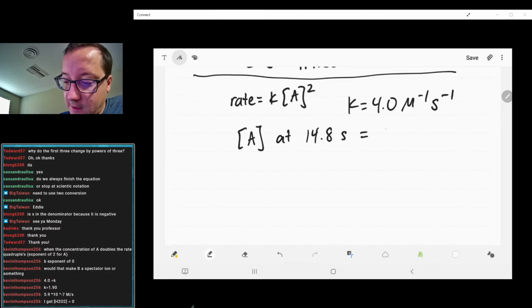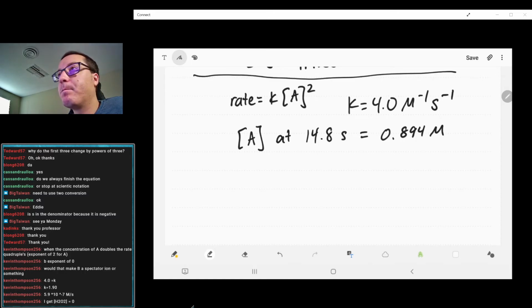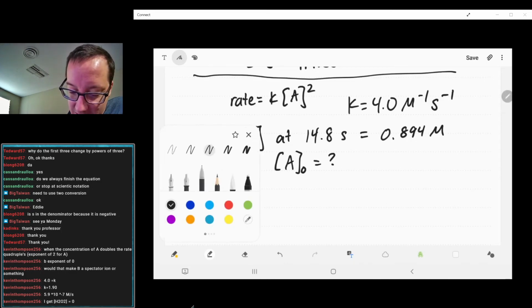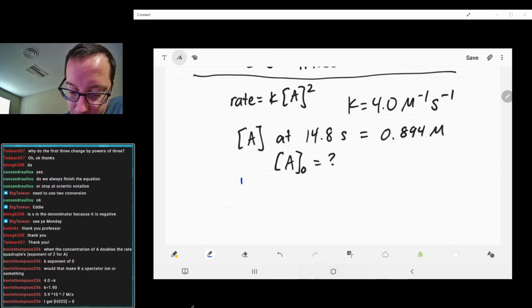Let's say that's going to be 0.894 molar. Let's find the initial concentration this time. Let's hope this works. I'm giving you a really short time, so let's hope this all works out nicely. All right, so our equation, this is a second order reaction.